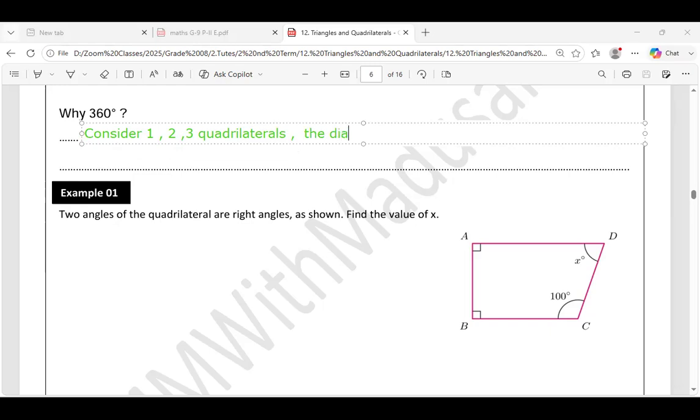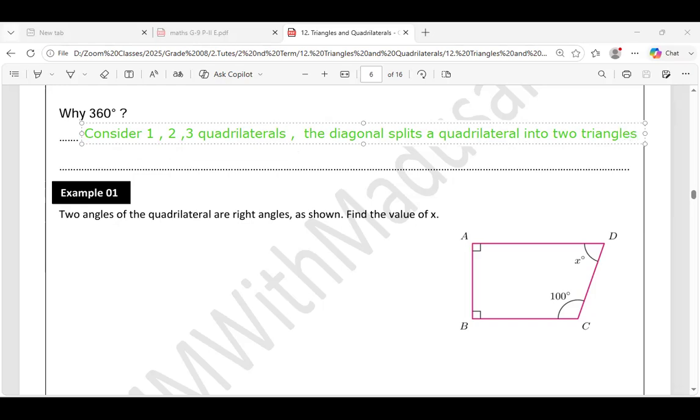The diagonal splits a quadrilateral into two triangles.